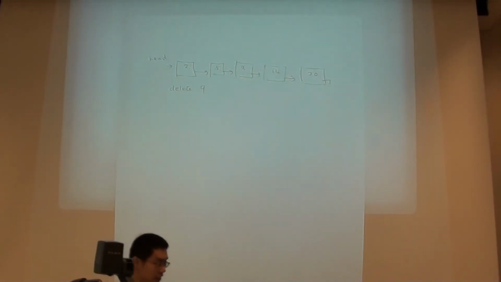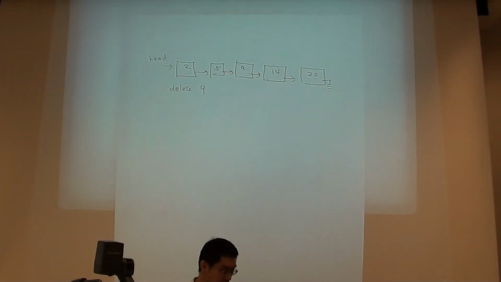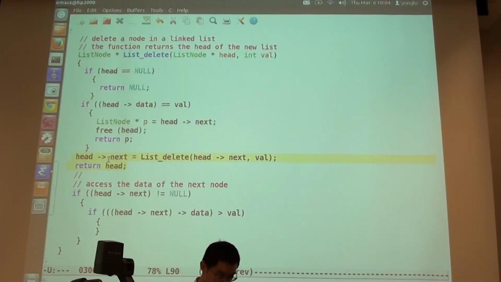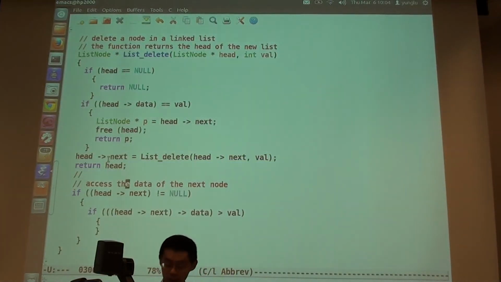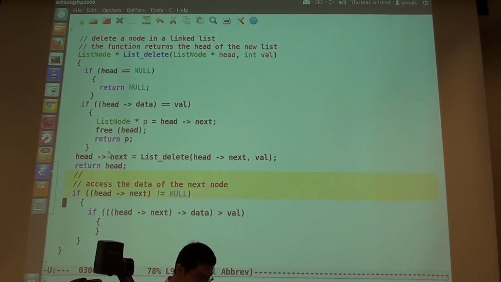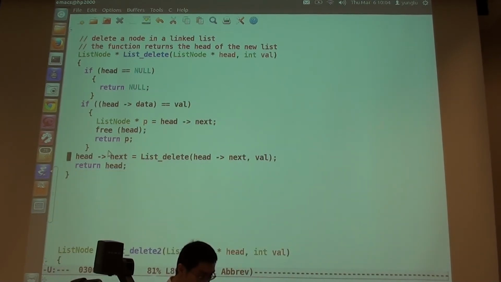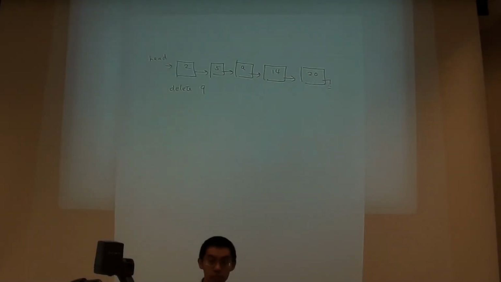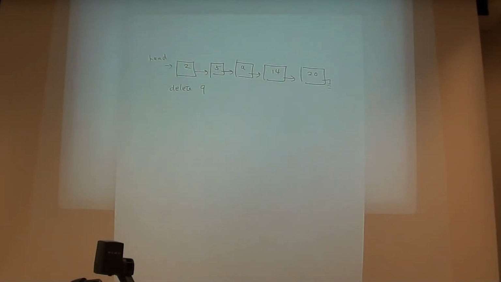Then you look at this if condition. I'm going to delete the rest so that I don't confuse you. You look at this. There are two if conditions. The first if condition means the list is empty. If I start with the node 2, the first if condition is not true.